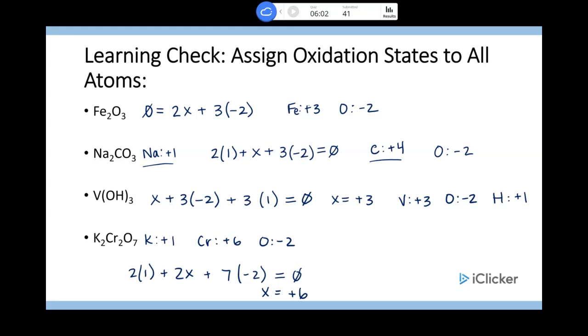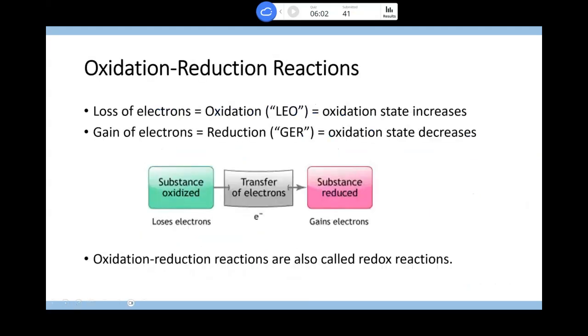We don't. But in different compounds, the same element could have a different oxidation state. In oxidation reductions, an individual atom's oxidation state is changing in the reaction. Remember, if an oxidation state increases, that atom lost electrons, and we say that's oxidation.